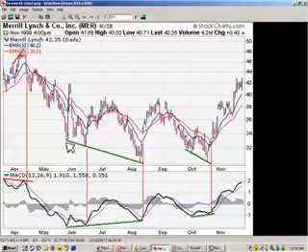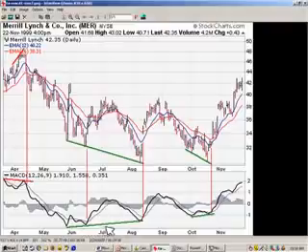Here's another divergence where price is creating lower lows, shown by this descending support line, but the MACD was having higher lows. So again, here's a heads up, a divergence between MACD and action in price.